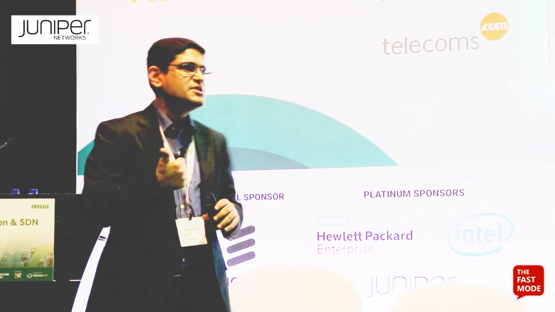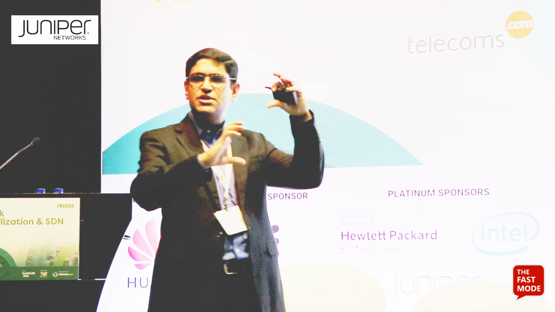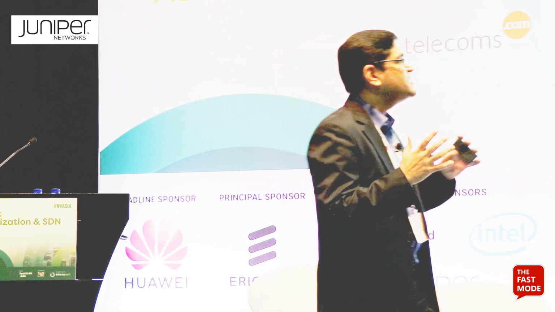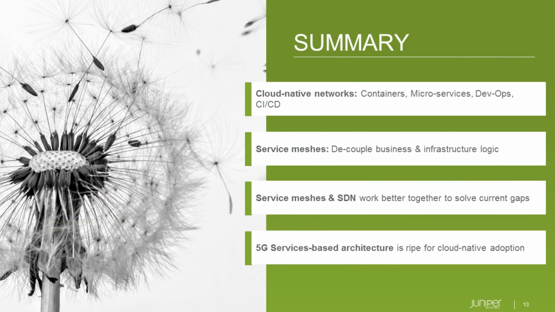Cloud-native networks are a combination of containers, microservices, CI/CD, and DevOps. Service meshes help you decouple business and infrastructure logic. Service meshes and SDN, based on today's problem set, work very well together. And 5G provides a very good breeding ground for adoption of these microservices and service mesh-based architectures. And that's it.